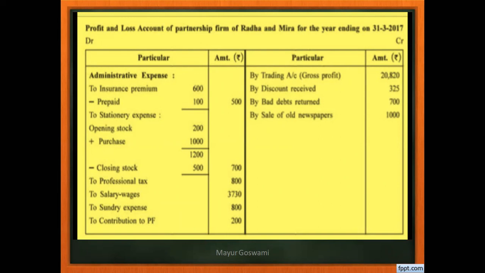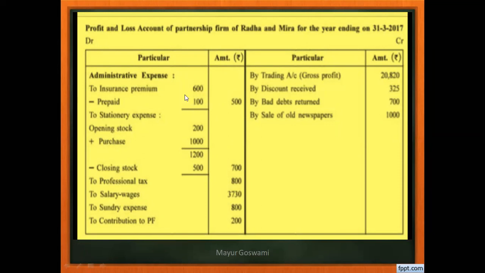So for 3 months you have paid in advance, which is called prepaid insurance premium, which is 100 rupees. So prepaid, that means first effect, less from insurance premium: less prepaid insurance premium 100 rupees. So in the outer column we have 500.